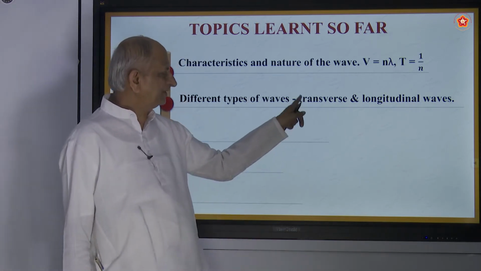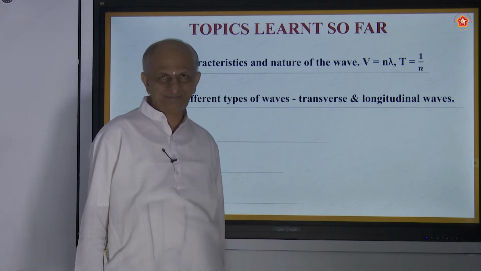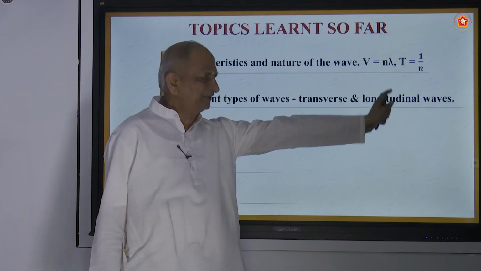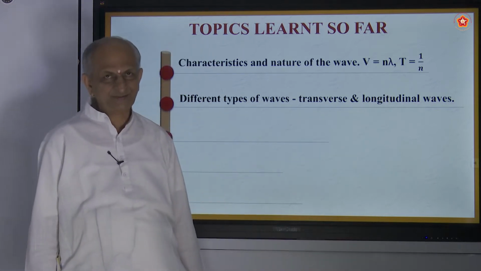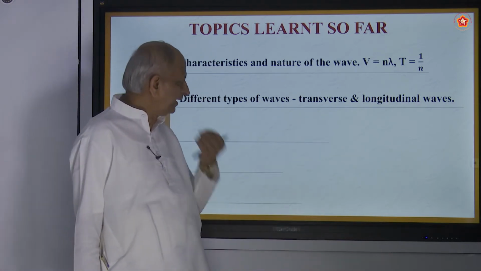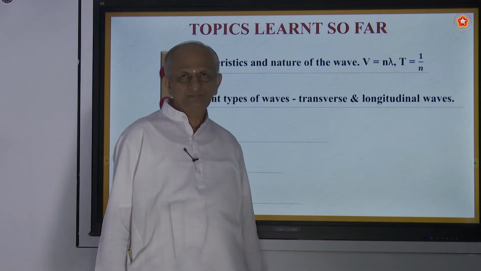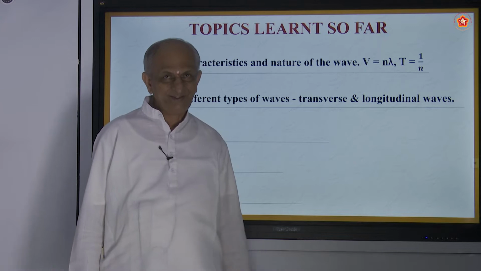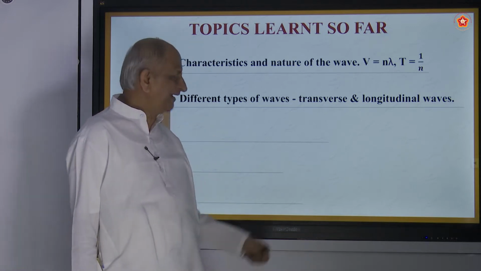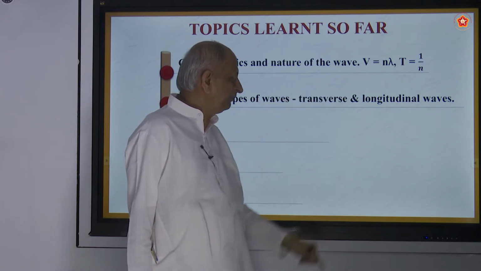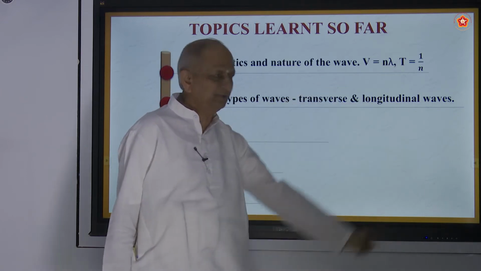Transverse waves cause crests and troughs, and longitudinal waves cause compressions and rarefactions. When a wave moves from one place to another, it carries energy and hence it will have a velocity. The velocity of the wave depends upon two things.